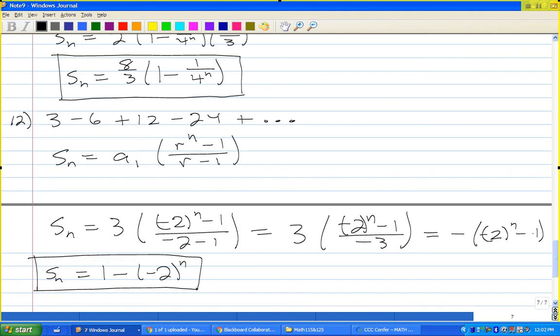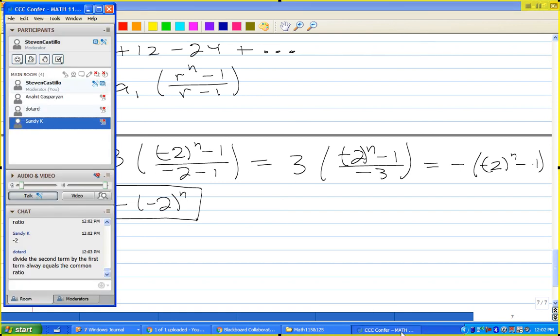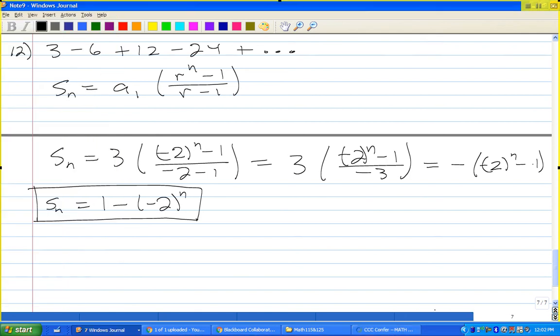And so if you did the sum of the first 10 terms, you get what, negative 1023. Just plug in 10 to this. Yes, as long as it is a geometric sequence. The same way you subtracted for arithmetic to always get the common difference. Okay, let me do problem number 13.